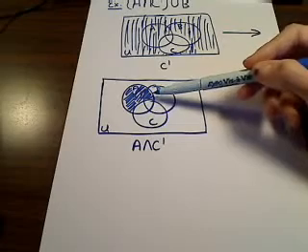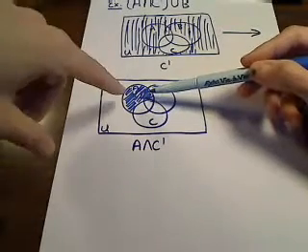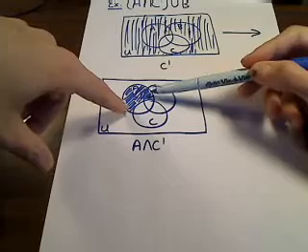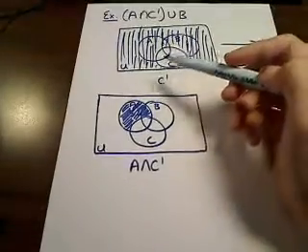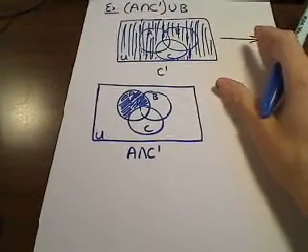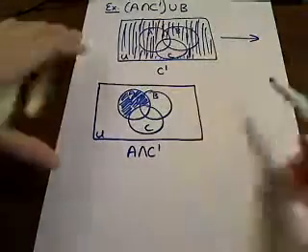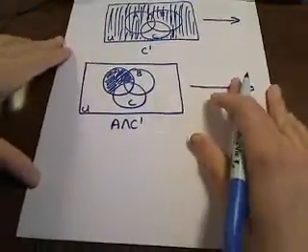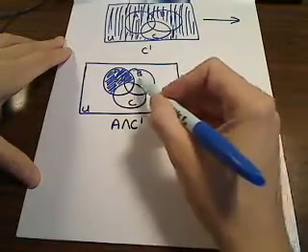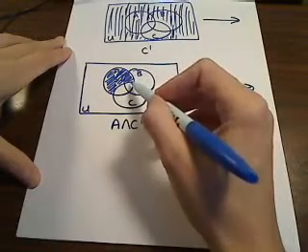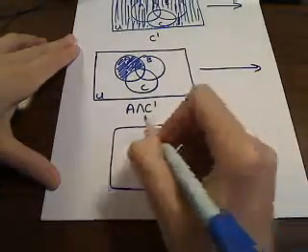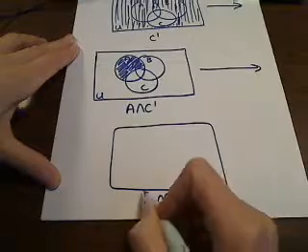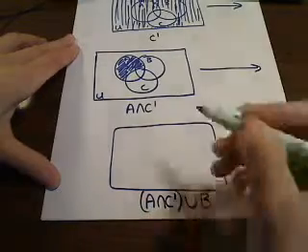So everything not in C, but that is in A. Okay, so that would be this region right here. Okay, and then what we need to do next is union that with B. Okay, so everything in B is going to get shaded in that isn't already shaded in. So it's going to be all of this region here. So we would say A intersect C naught, union that with B.